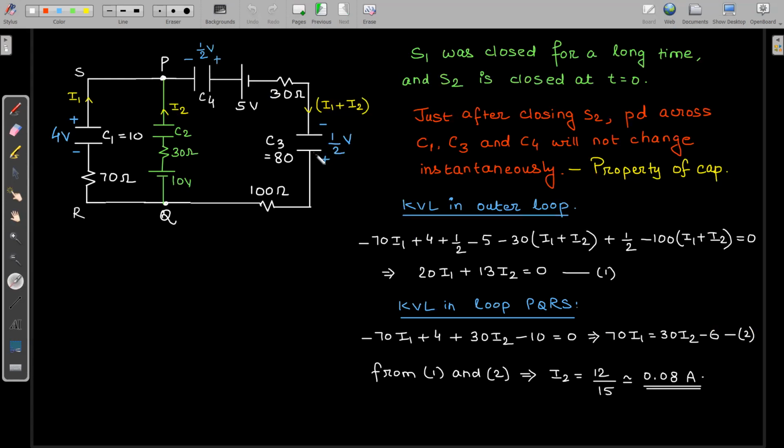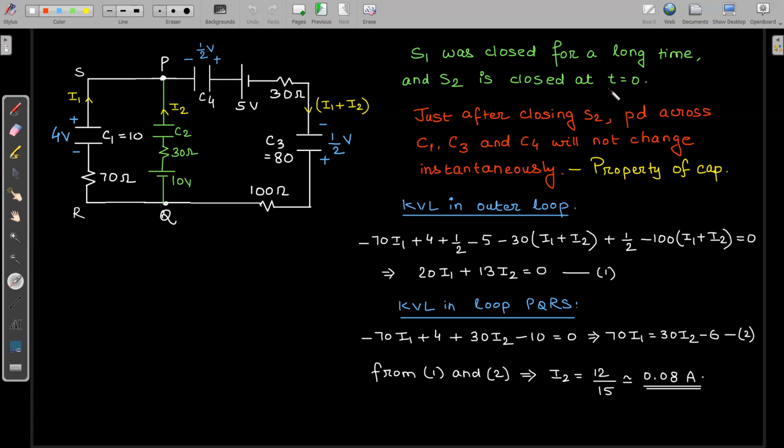Again, the property of a capacitor is that it will not allow instantaneous change in voltage across it. So just after you close the switch S2, the voltage these capacitances hold will be half volt for C3, half volt for C4, and 4 volt for C1. These capacitances will offer this potential difference in the circuit, right?